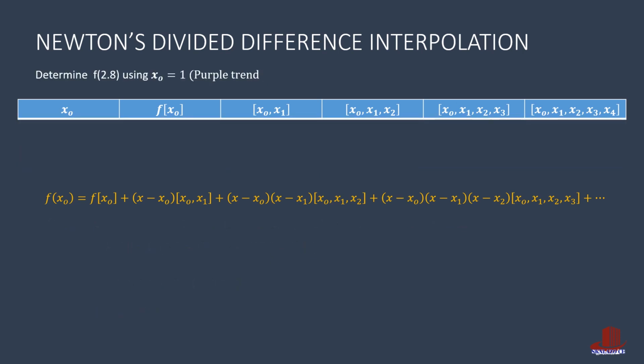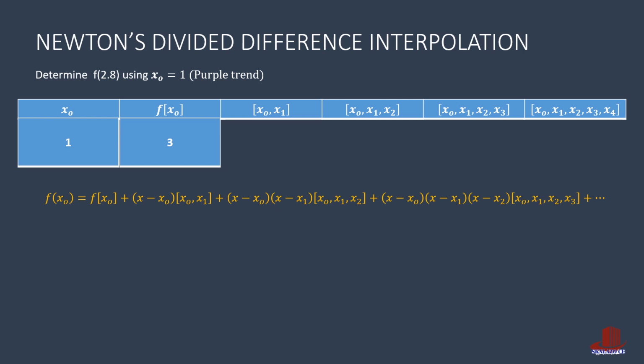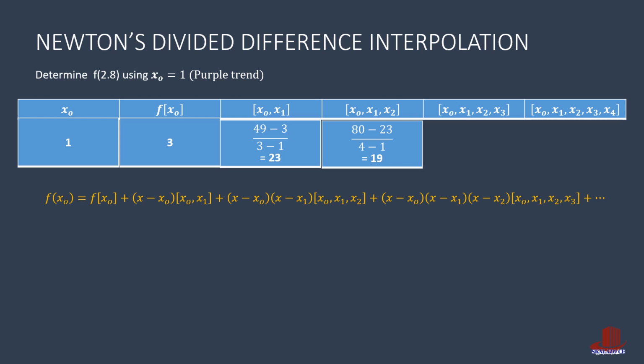Let's validate f of 2.8 when the trend taken is with x0 equal to 1. This is the purple trend. So the coefficients from the divided difference table are 3 for f of x0, 23 for the first change, 19 for the second, and 3 for the third y difference. With the same pattern equation, we take f of 2.8 as 3 plus the second term taken as 2.8 minus 1 times 23.